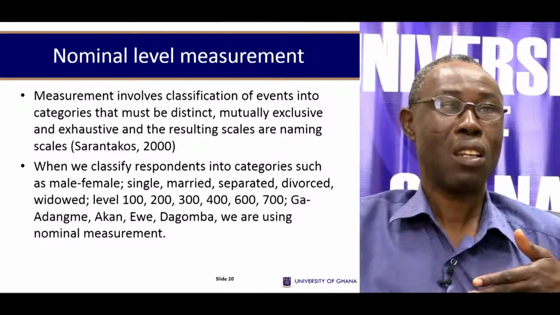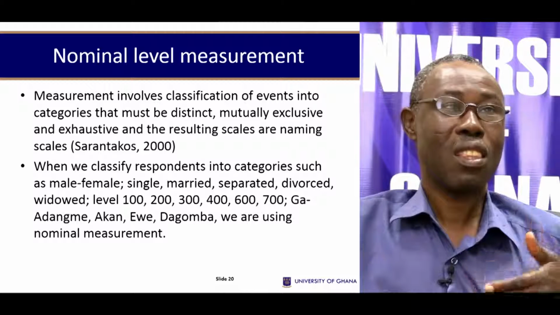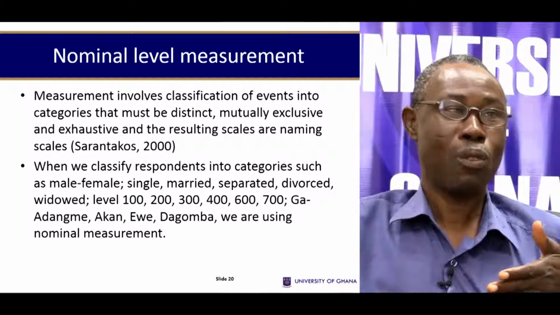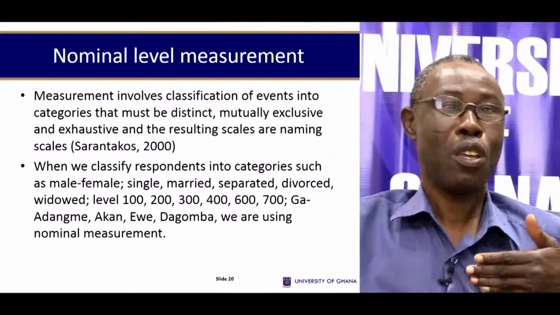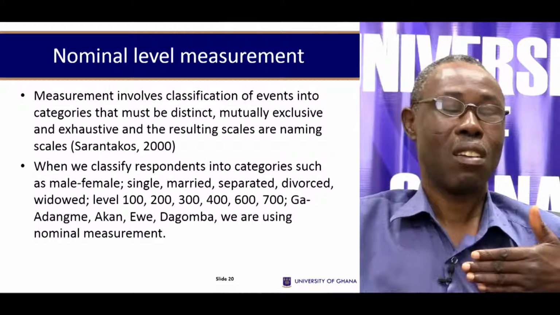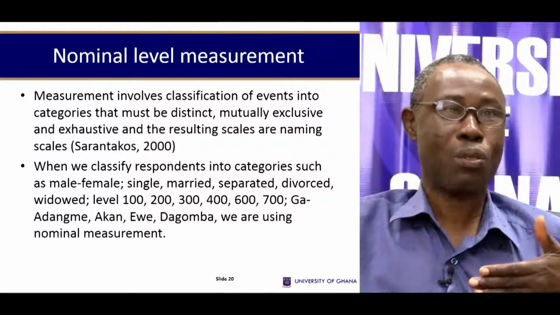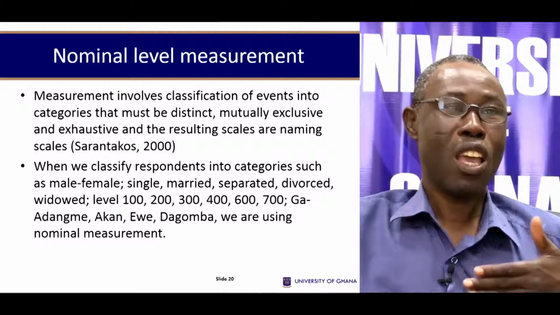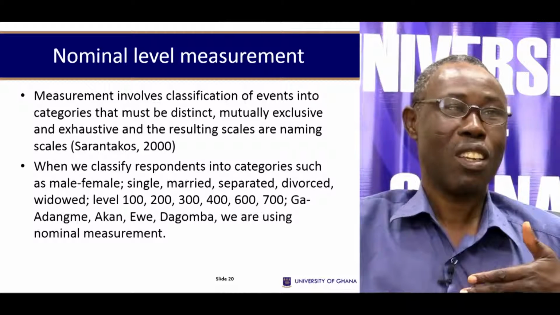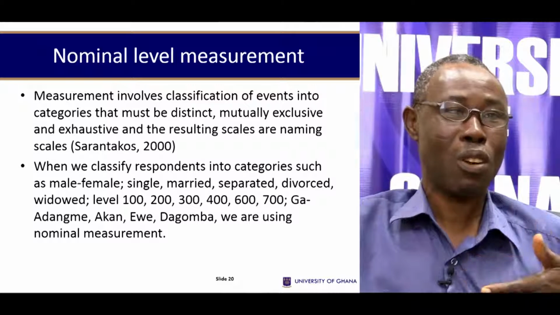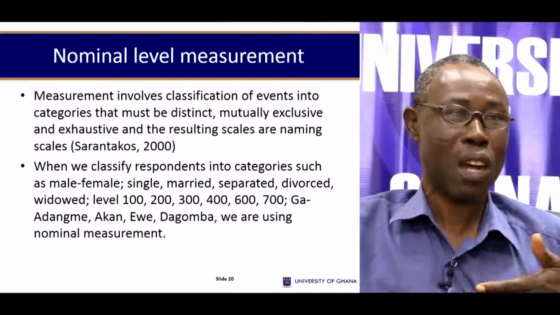But in nominal, we arrange the categories anyhow. So, for example, if you take something like the tribes of Ghana, we can have so many tribes. Any of the tribes can begin. You can start with Ewe, you can start with Dagomba, you can start with Nzima.